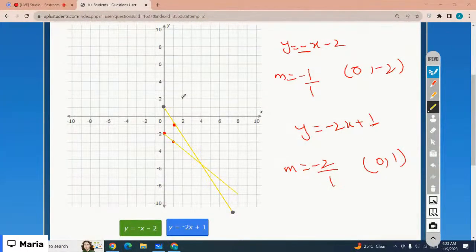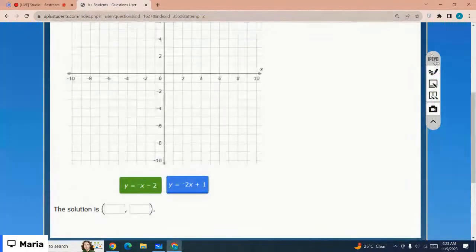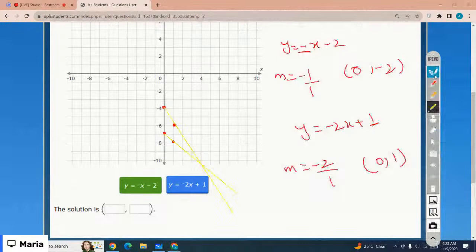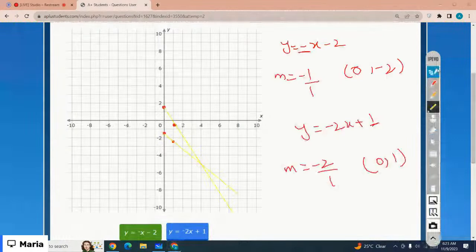Okay, so here is the point of intersection, right? Basically the point of intersection is x equals 3 and y equals negative 5. So the solution is 3 and negative 5, it would be here, right? But I moved the line a bit. I will be careful in the next question, right?